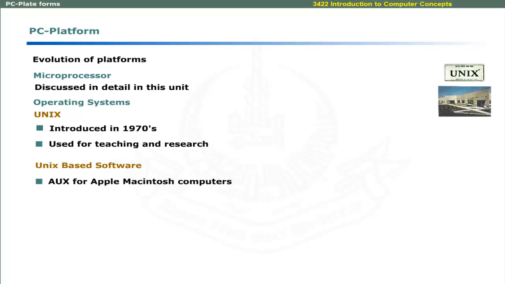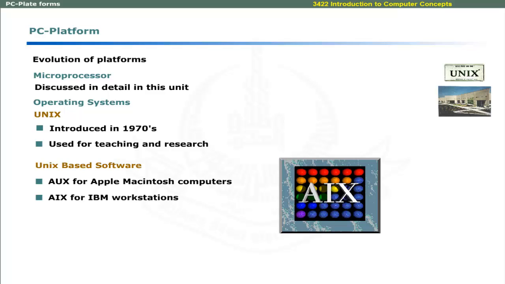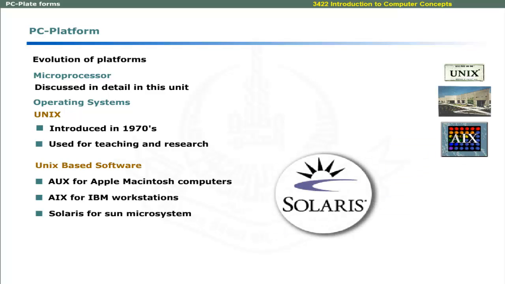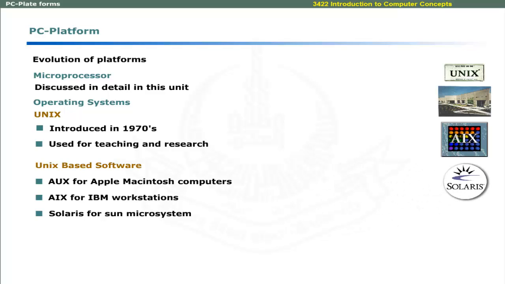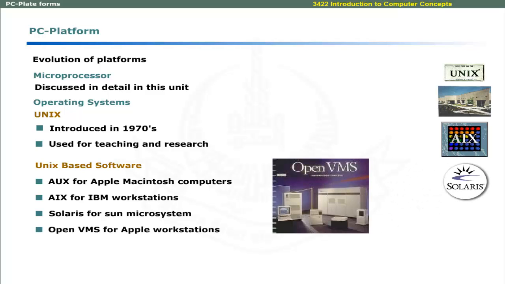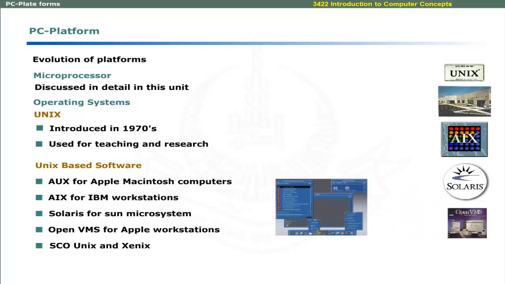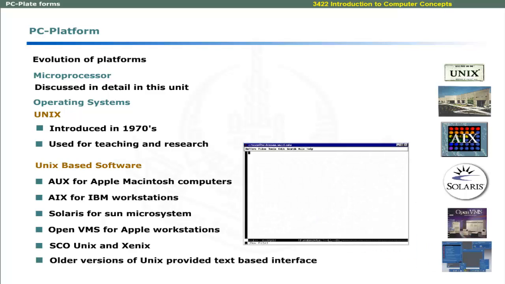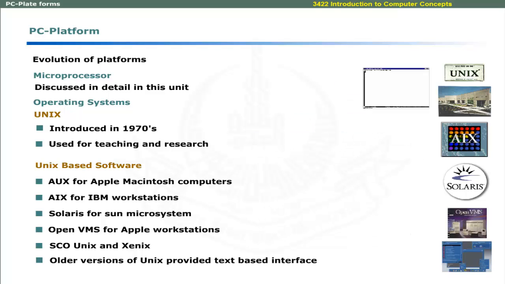These include AUX for Apple Macintosh computers, AIX for IBM workstations, Solaris for Sun Microsystems, OpenVMS for workstations, SCO UNIX and XENIX. Older versions of UNIX provided a text-based interface, but now it is more sophisticated.